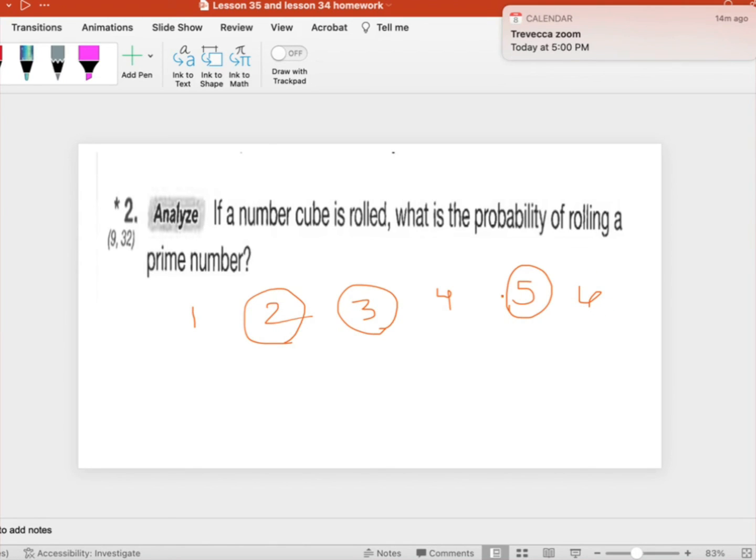So we only have 3 prime numbers out of 6 options. So we're going to say the probability is 1/2 or 0.5 or 50%. That's the probability.